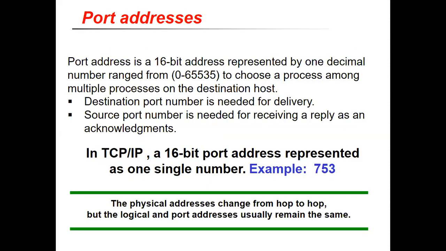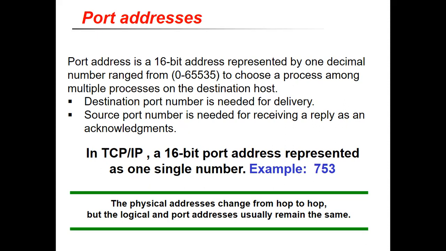Next one is the port address. It is a 16-bit address represented by one decimal number ranging from 0 to 65,535, to choose a process among multiple processes on the destination host. Destination port number is needed for every data delivery. Source port number is needed for receiving a reply or acknowledgement.